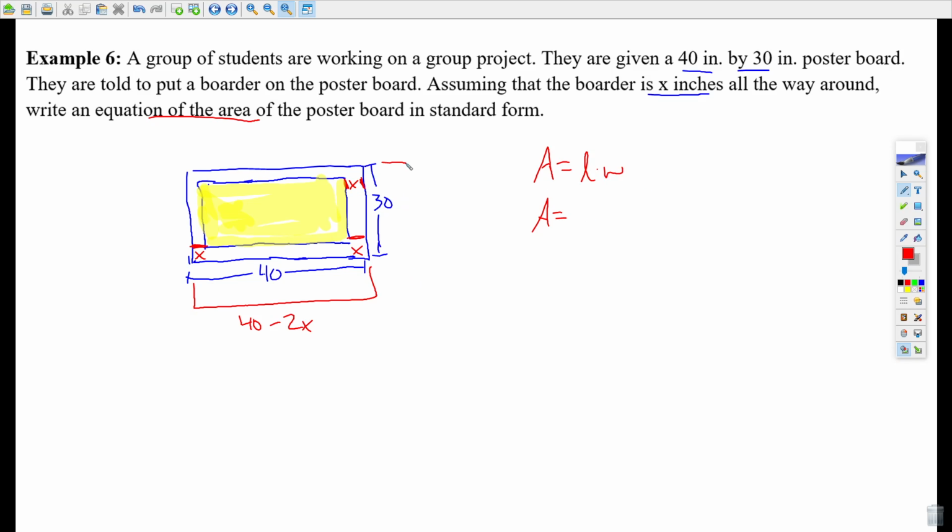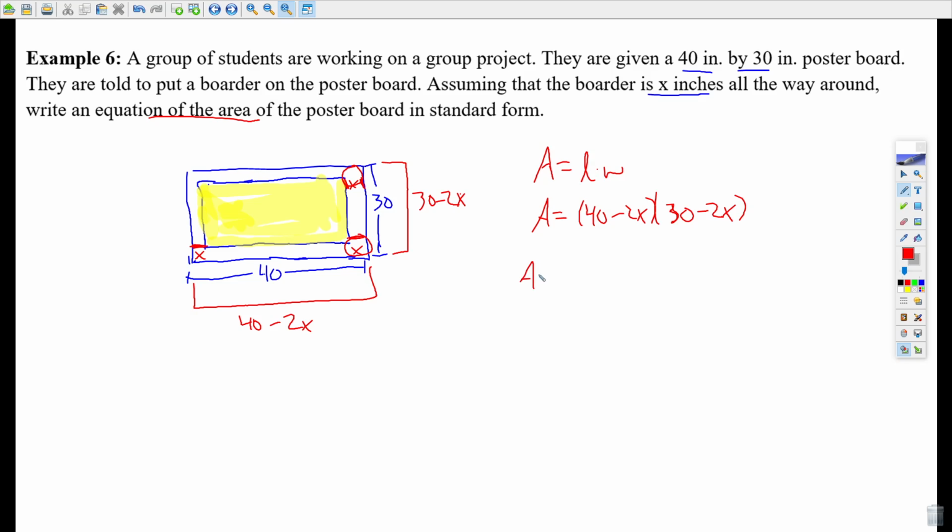If we go from top to bottom here, the whole thing is 30, but we're going to take out the thickness of x here and of x down here. So this is also 30 minus 2x. So that's your length and your width. We have 40 minus 2x times 30 minus 2x.